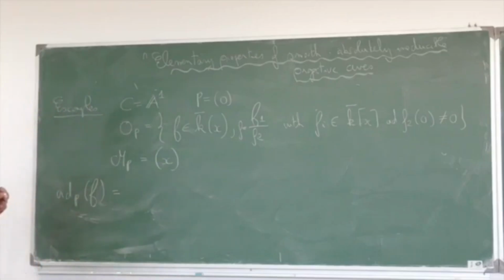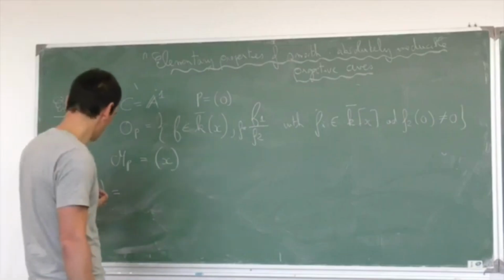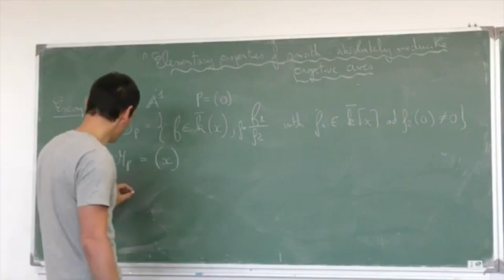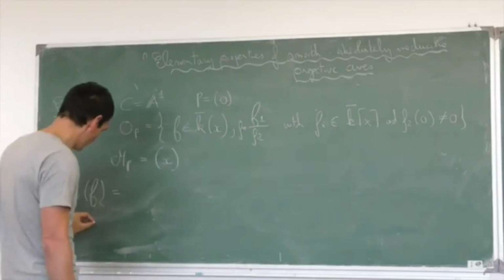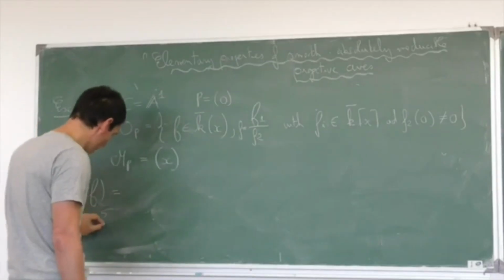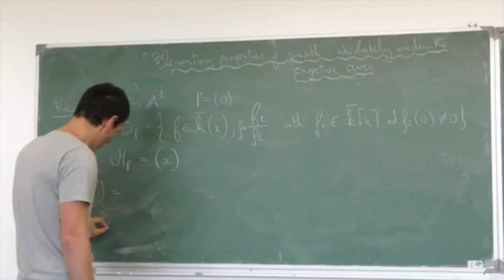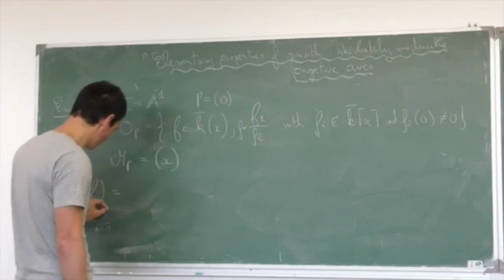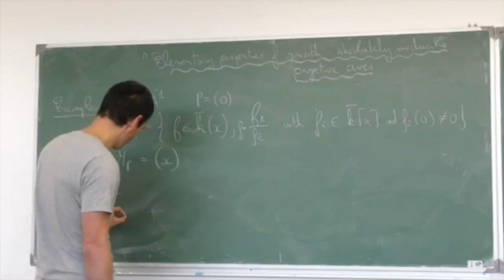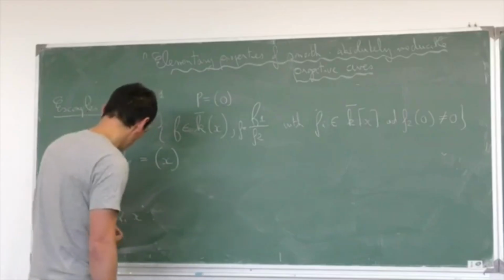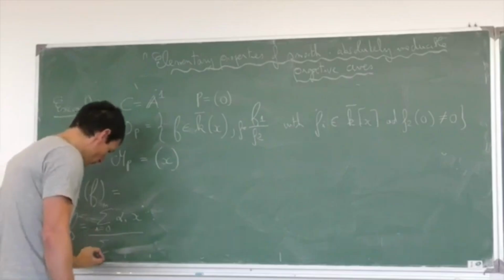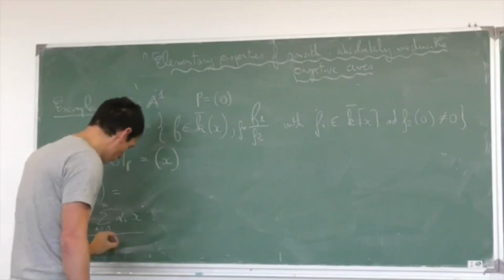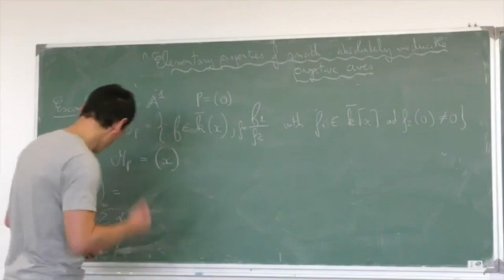So let's say f is written as the sum from i equal 0 to n of alpha i x^i over the sum from i equal 1 to m of beta i x^i.